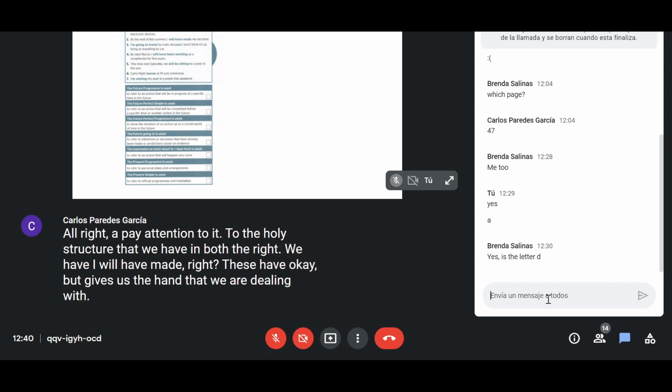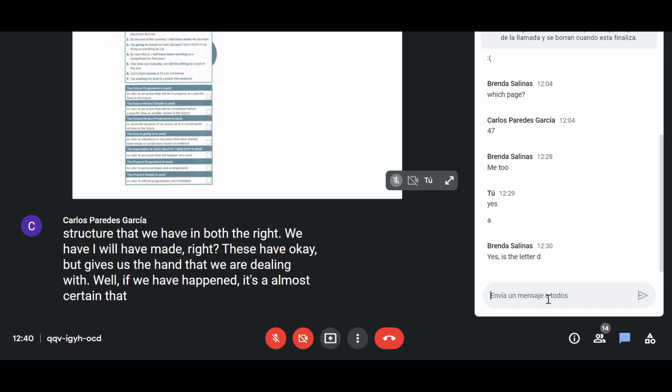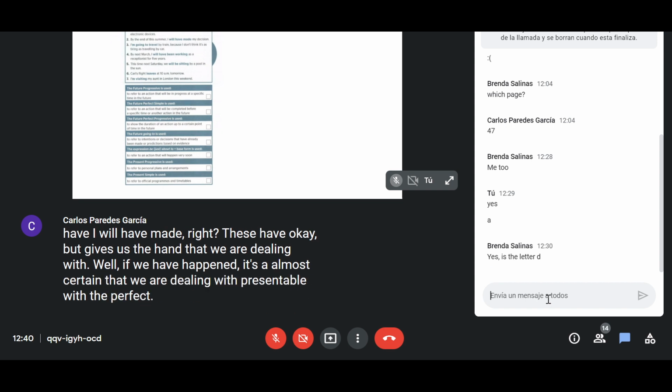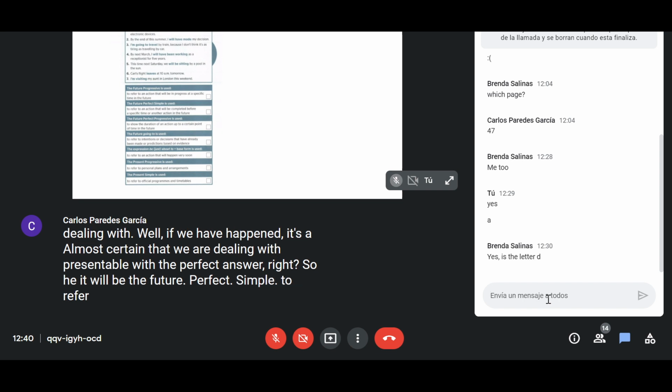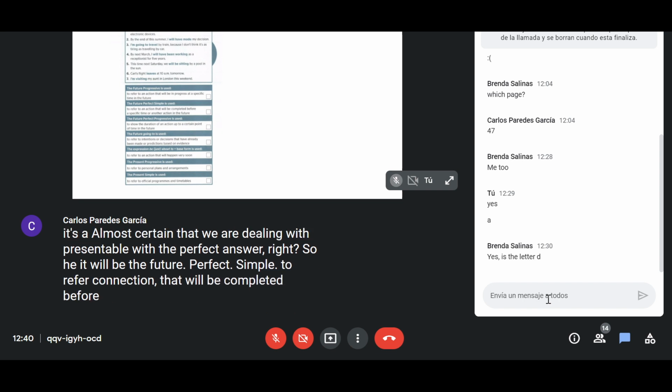if we have have plus another verb, it's almost certain that we are dealing with a perfect tense. So it will be the future perfect simple, to refer to an action that will be completed before a specific time or another action in the future.